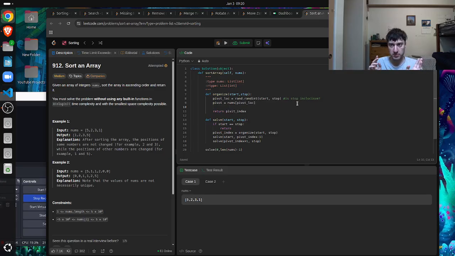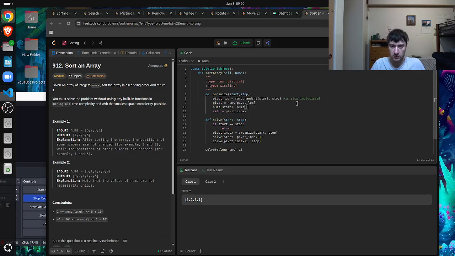Then I know where this 0th element is, and I know that this element here is less than the pivot, so I'm allowed to swap them again. So I think I go something like this. Nums of start, okay, there we go.